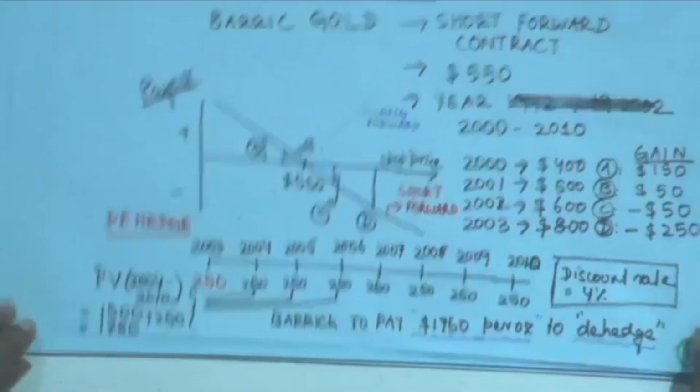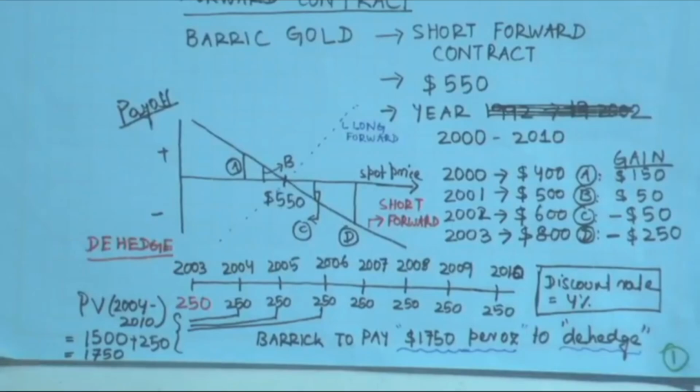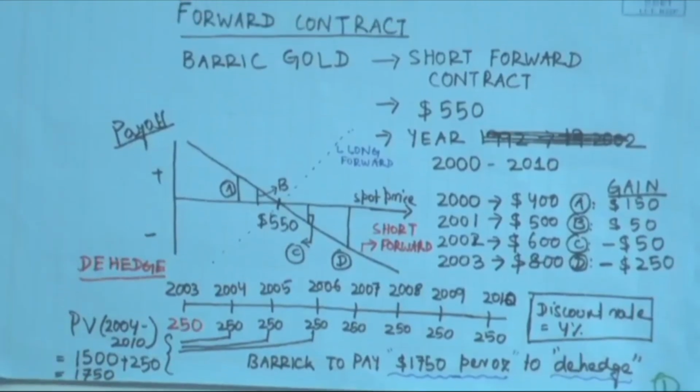Now let's take a theoretical example of why de-hedging comes with a substantial amount of cost. This is Barrick Gold.